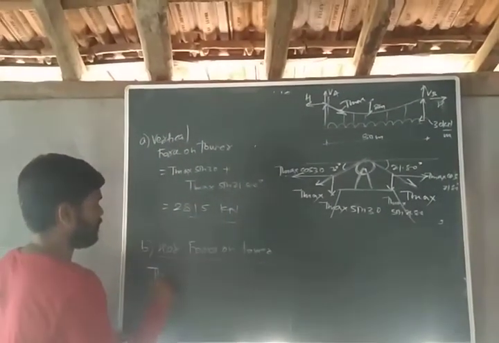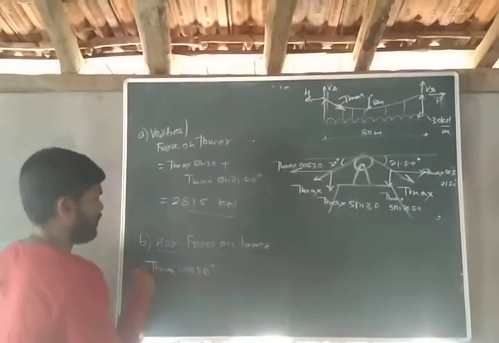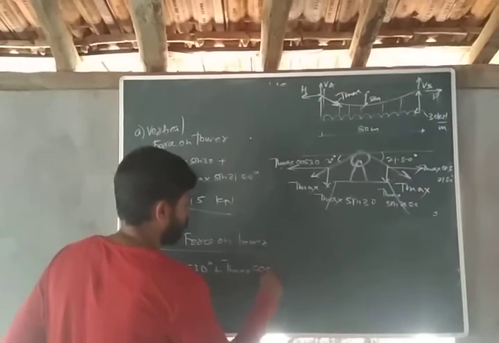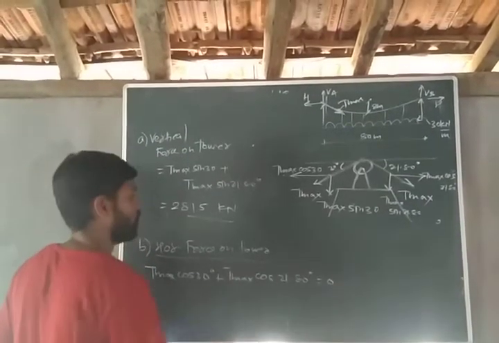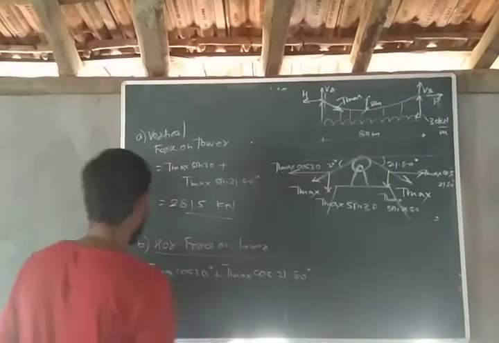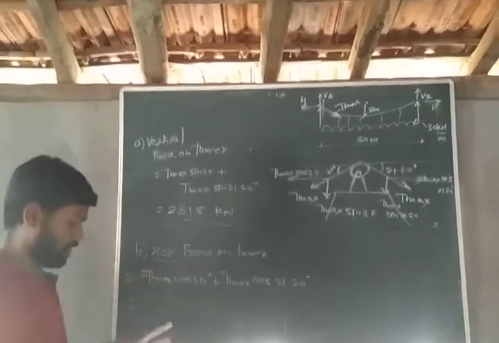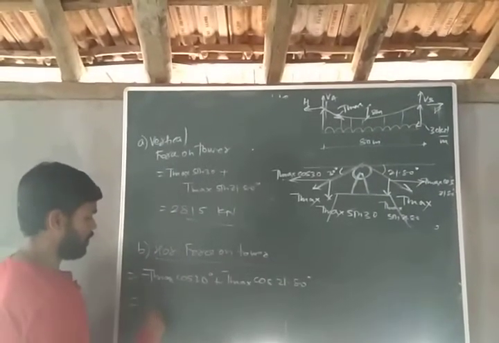So T max cos 30, it is minus, and T max cos 21.80 is equal to horizontal force on tower and its value is I think 201.8.